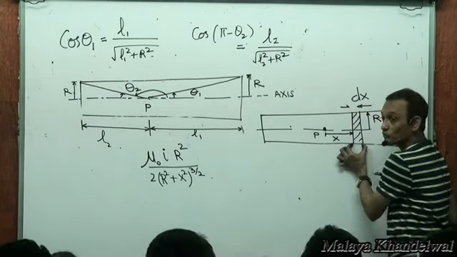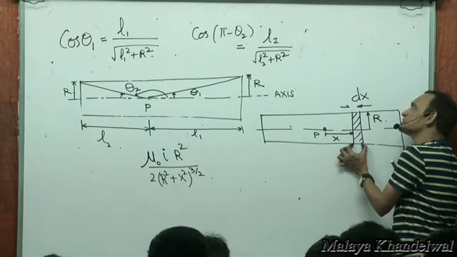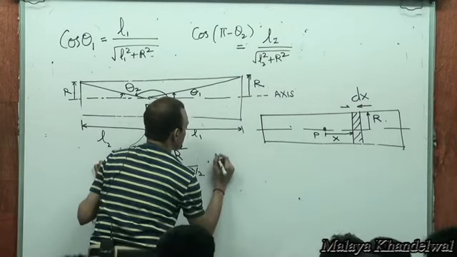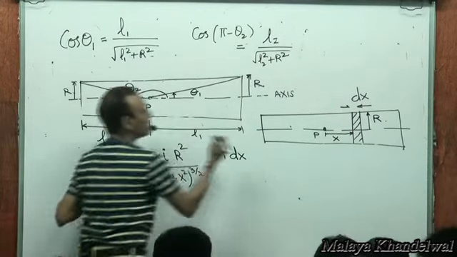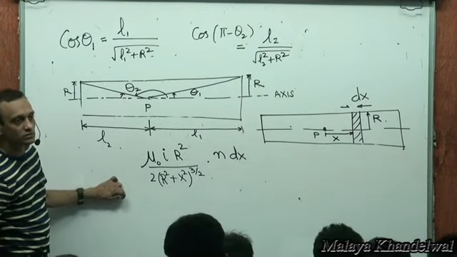Number of turns per unit length is n, so the number of turns over this dx is going to be n into dx. That's the magnetic field at P produced by this. Yes or no?